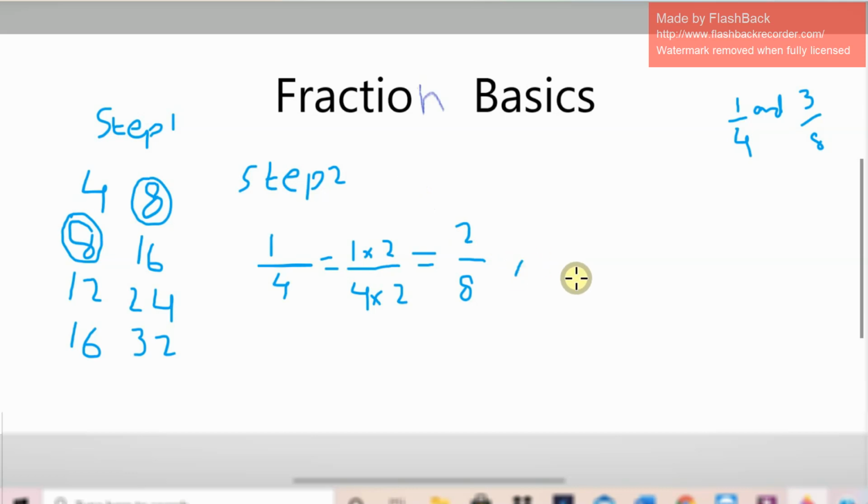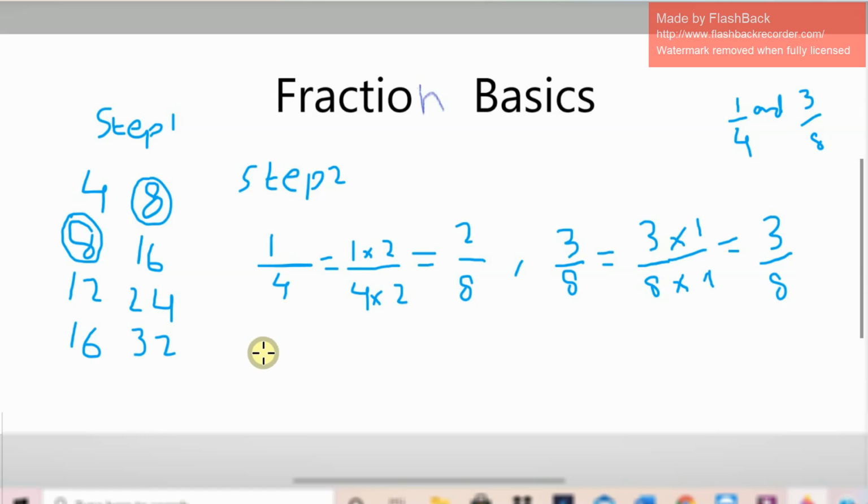Similarly, we multiply the denominator and numerator of the second fraction, 3 by 8, by 1, so we get 3 over 8.